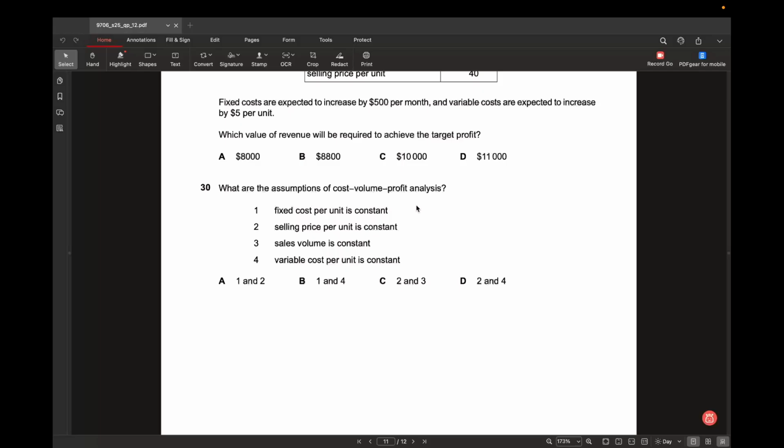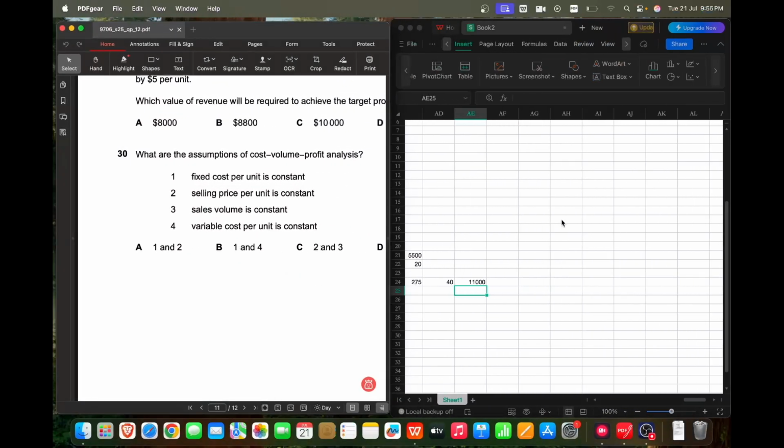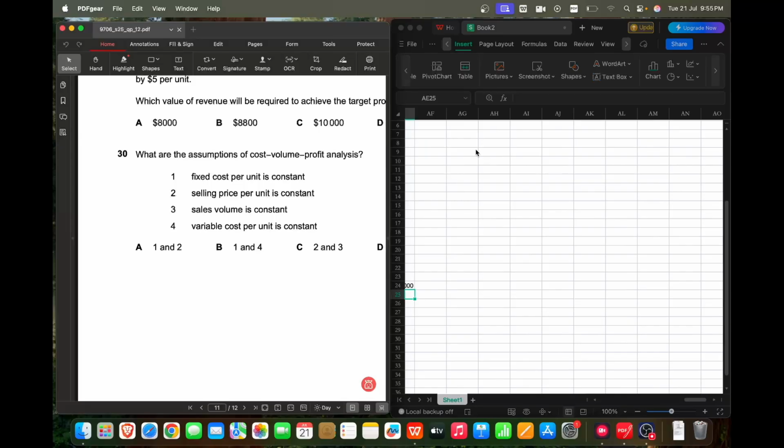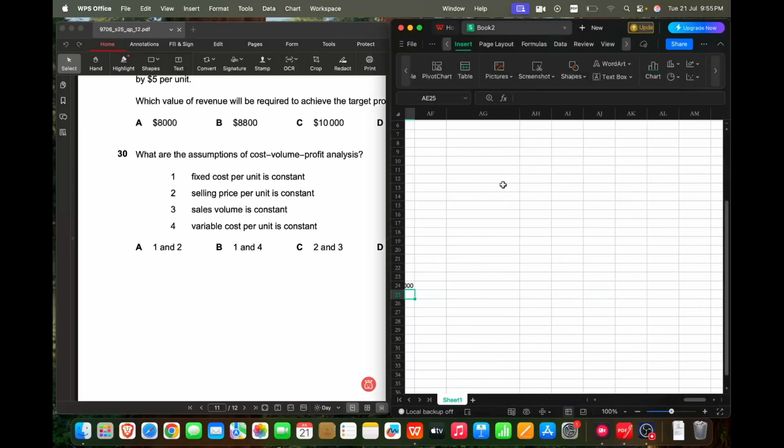Okay, so here when you change the volume, the fixed cost per unit will change. For example, if we are selling 100 units and the fixed cost that we are paying is, let's say, 5000, then the fixed cost per unit is fixed cost divided by output, which is 50.